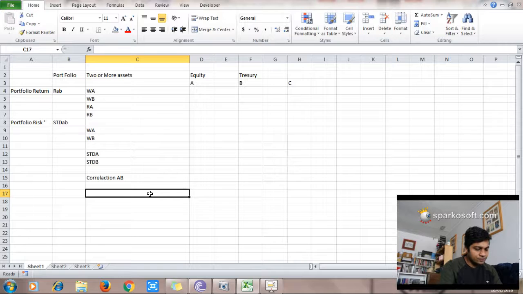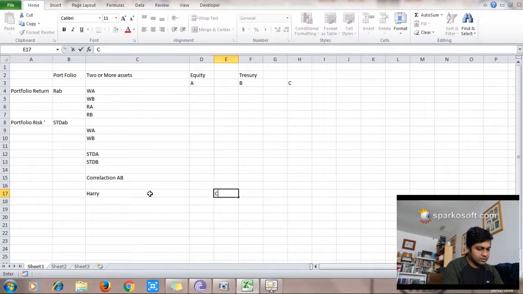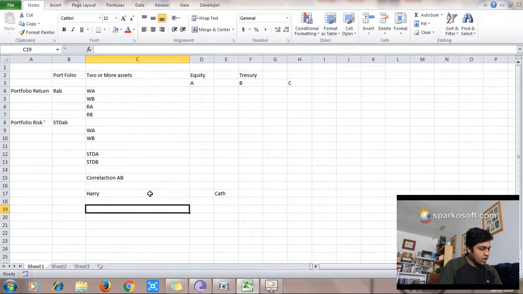So let us say there is a person named Harry, and there is a person named Catherine. Harry is investing his entire money into two assets, equity and, let's say, long-term debt.